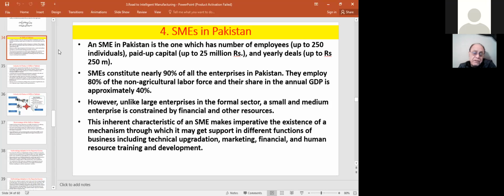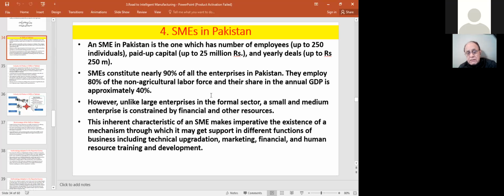Now, when we see how many small and medium enterprises there are in Pakistan, we will be surprised that 90% of all enterprises in Pakistan are in this category of small to medium enterprises. So it is really SMEs that should be our target.